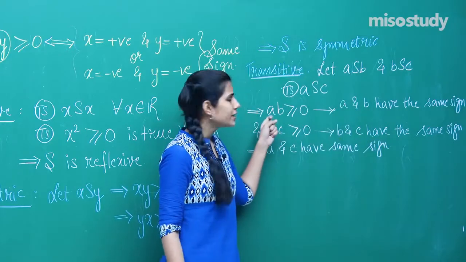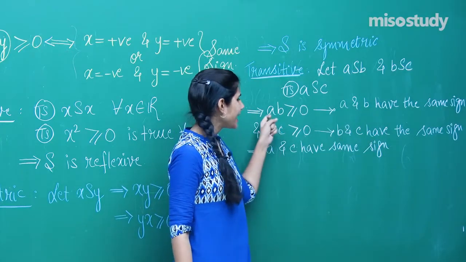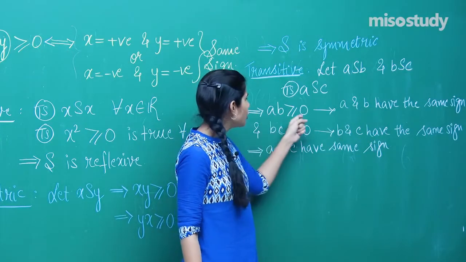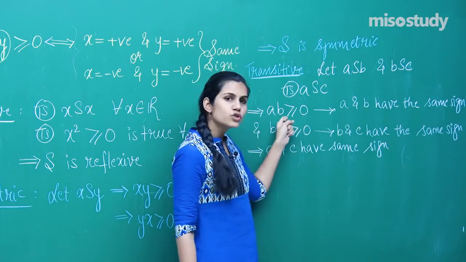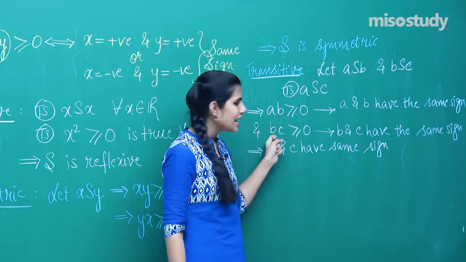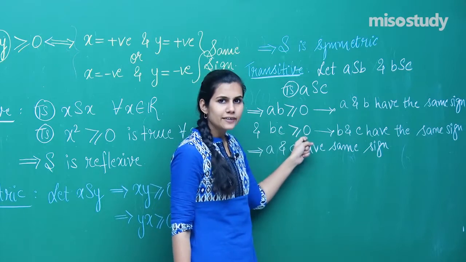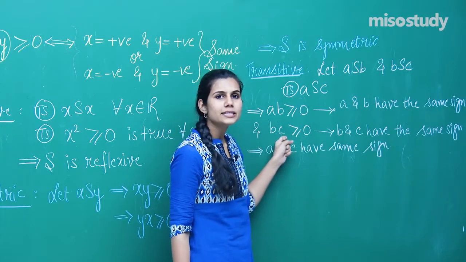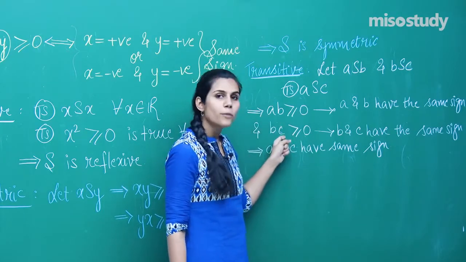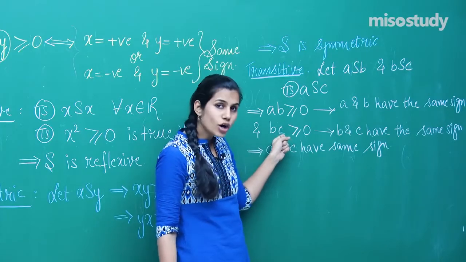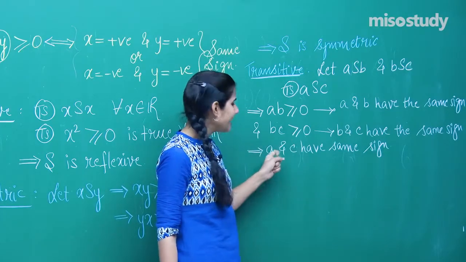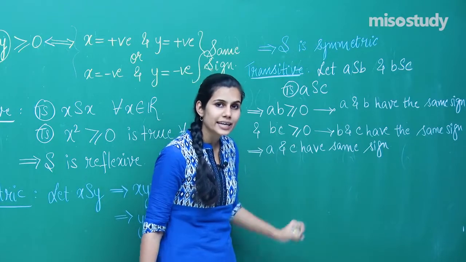Similarly, you can do it with the minus sign: if A has a minus sign, to give non-negative output, B also should have a minus sign, and if B has a minus sign, to give a non-negative output, C should also have a minus sign, which means A and C both have a minus sign. Because A and C have the same sign, A into C is non-negative in that case also.